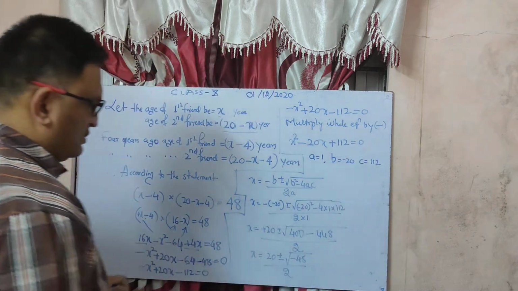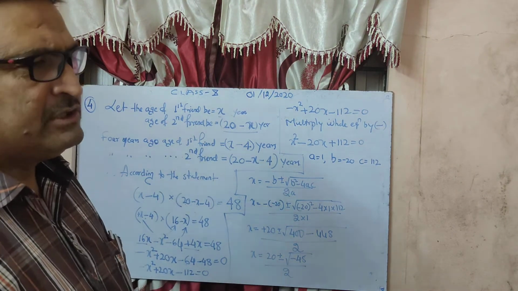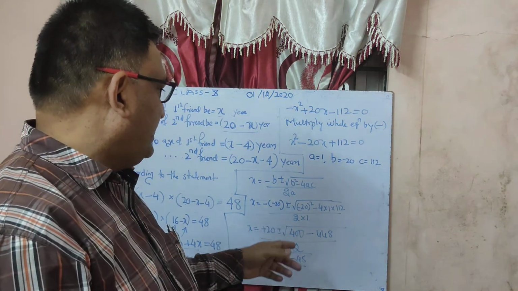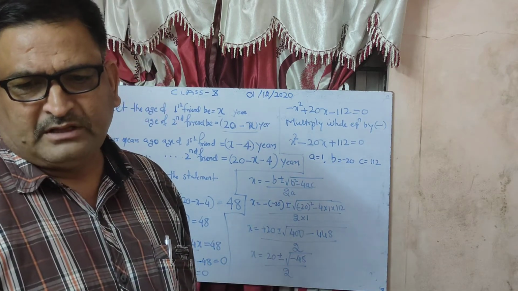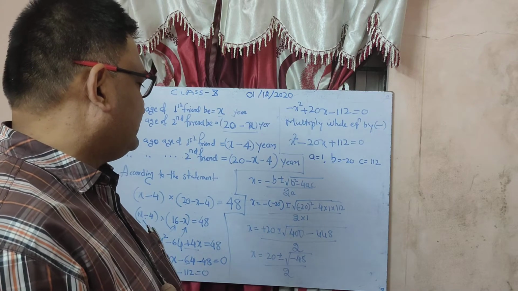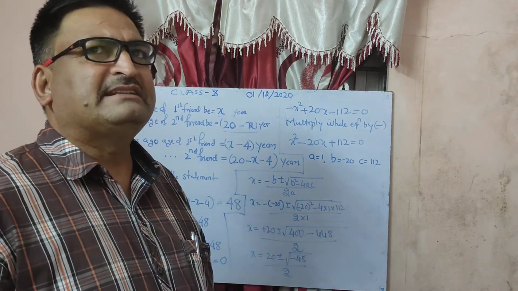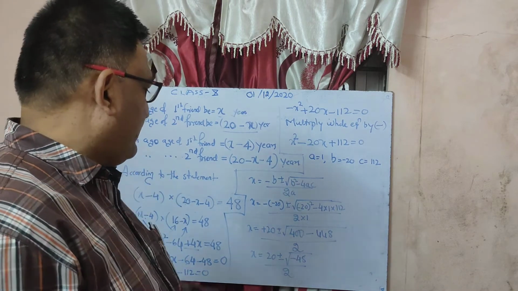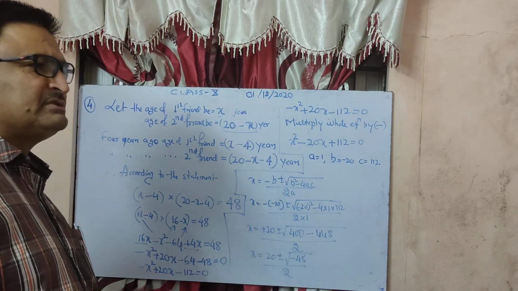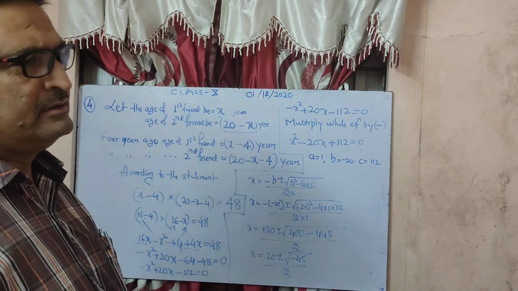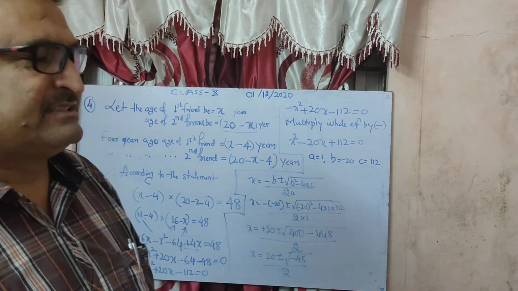Now, you know the nature of roots. If the value of b square minus 4ac is less than 0, here minus 48 is less than 0, then how are the roots? The roots do not exist.